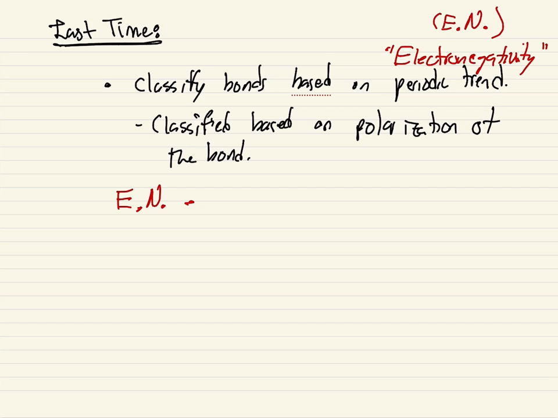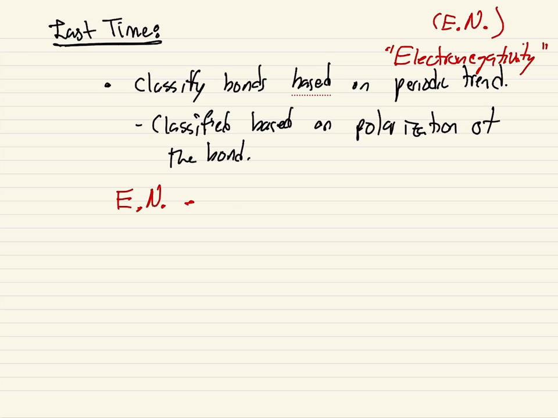So it follows the same trend as ionization energy, and maybe using that rationale a little bit, what do you guys think electronegativity is? What does the property electronegativity represent? It has to do with the bonding, right?